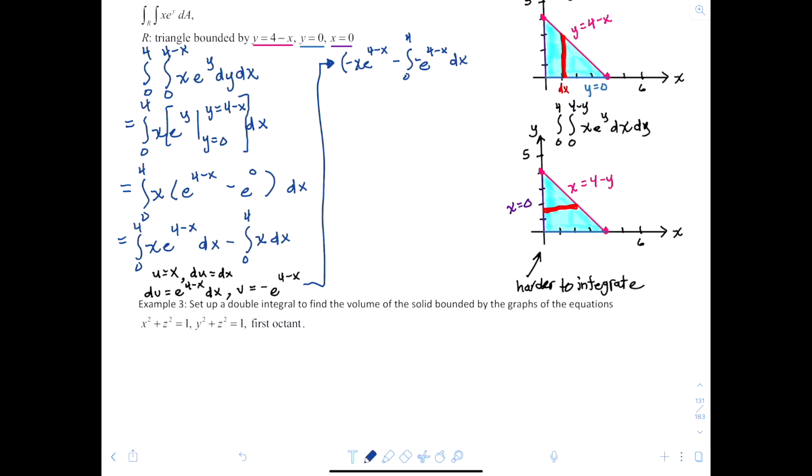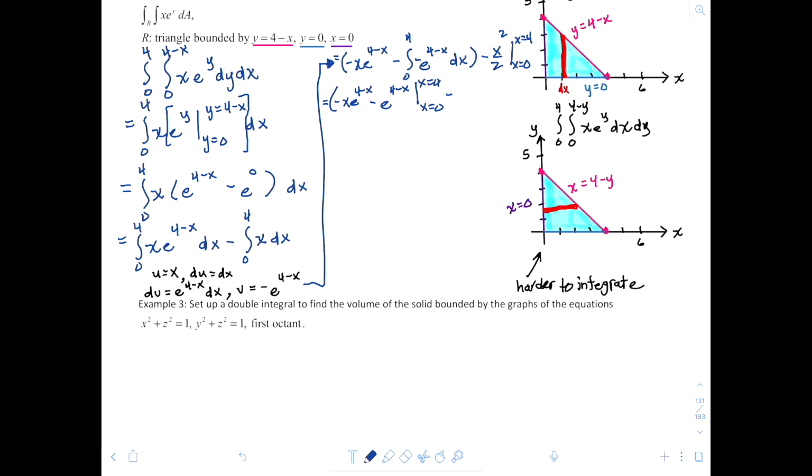All of that will be from 0 to 4. And then minus x squared over 2 from x is 0 to x is 4. So now we'll have negative x e to the 4 minus x minus e to the 4 minus x, evaluated from x is 0 to x is 4.